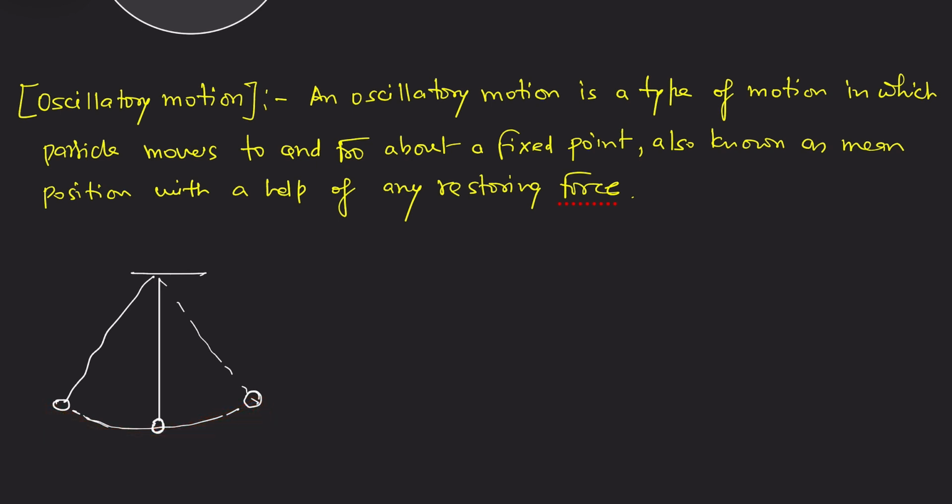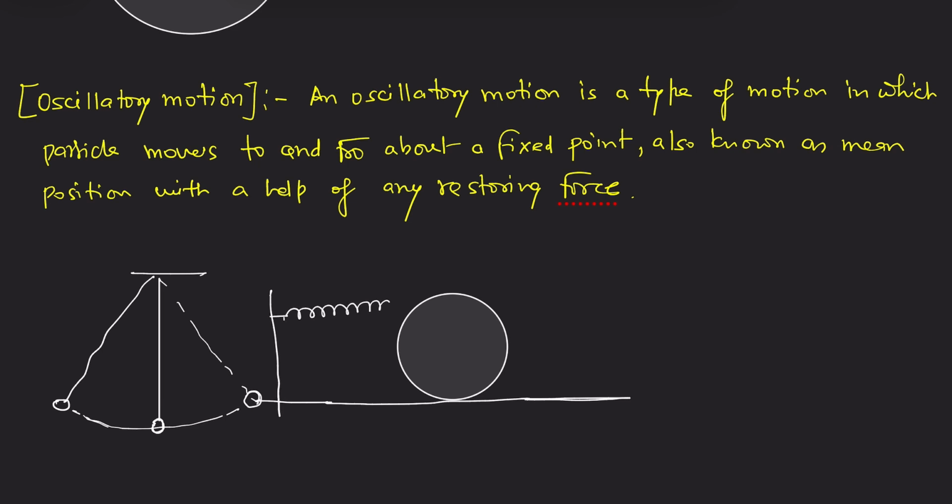One more example that we can take is, suppose we have this kind of a sphere, resting on the ground. And suppose we have this kind of spring connected to the top of this, and let's say the radius of this is r.